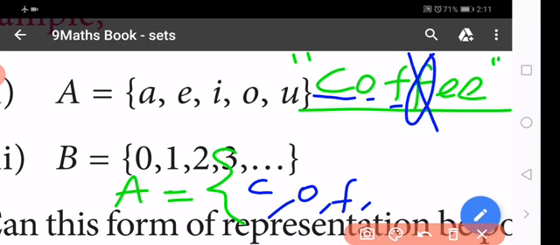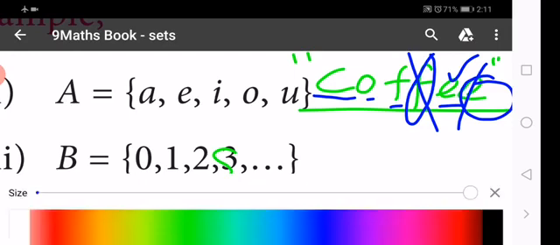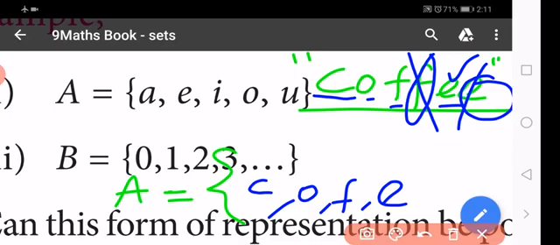The elements should not be repeated. So we omit the other F, and the next element is E, and another one is there. So we omit that letter. So the answer is C, O, F, E. This is the roster form.